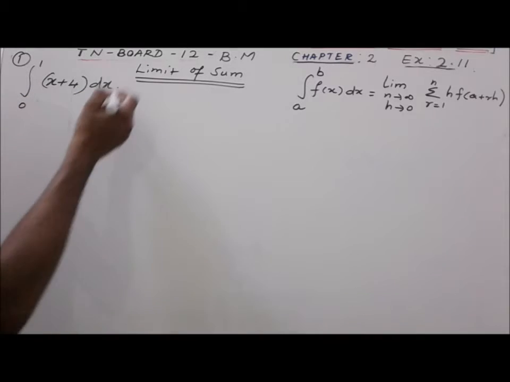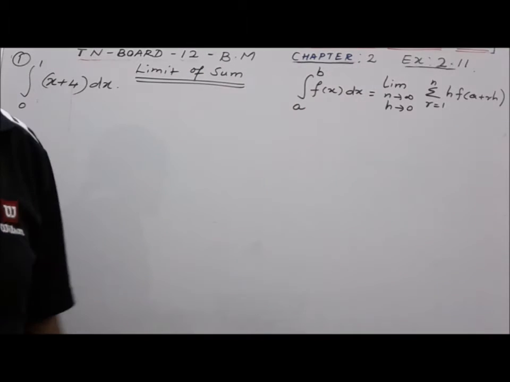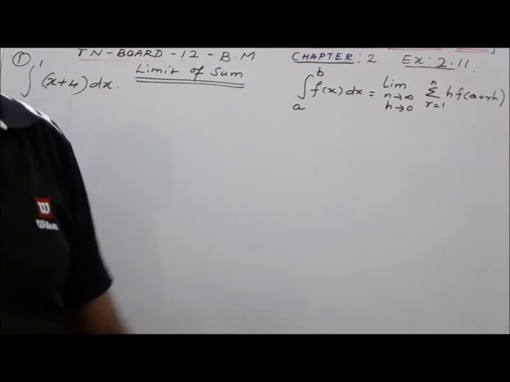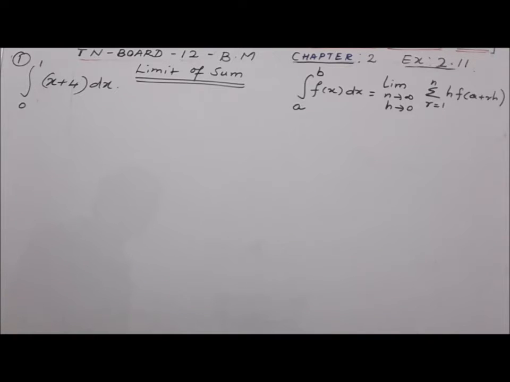If the term limit of sum is added in the question, you should follow the procedure using the integral from a to b of f of x dx equal to the limit as n tends to infinity and h tends to 0 of the sum of r equal to 1 to n of h into f of a plus rh.